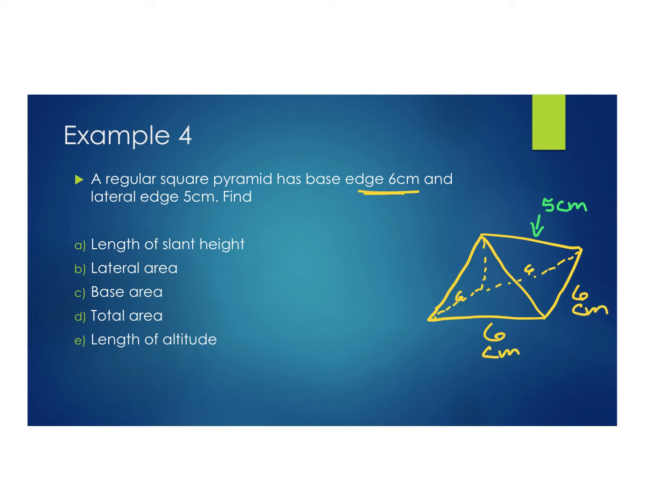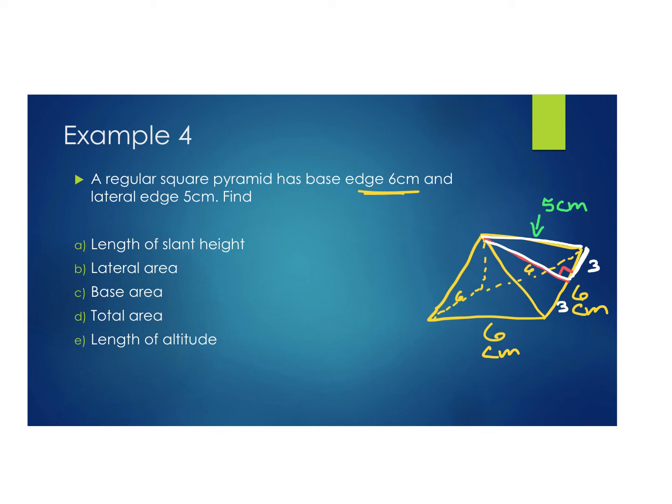Now, to find the slant height, which goes down the side of the triangle, we're going to have to use the Pythagorean Theorem. Notice, once I combine the slant height with this lateral edge and half of this base edge, I can form a right triangle. So once I draw down the slant height, it's going to split this 6 into 3 and 3.